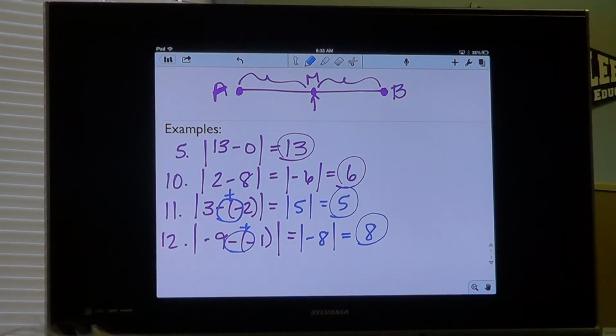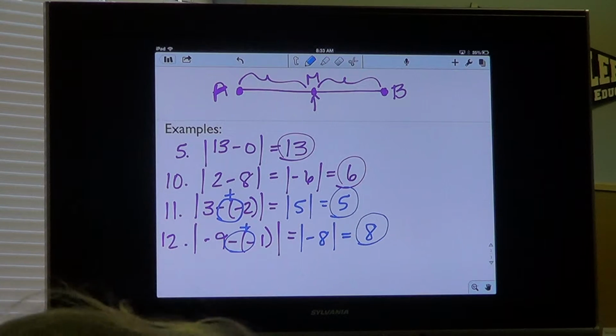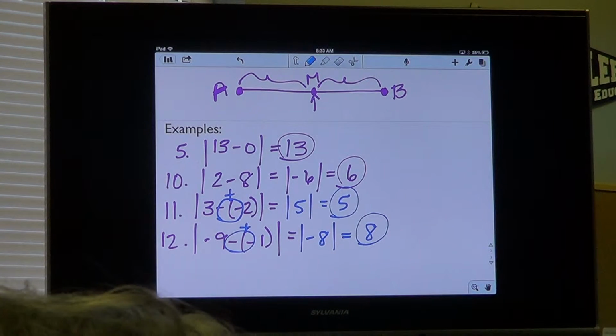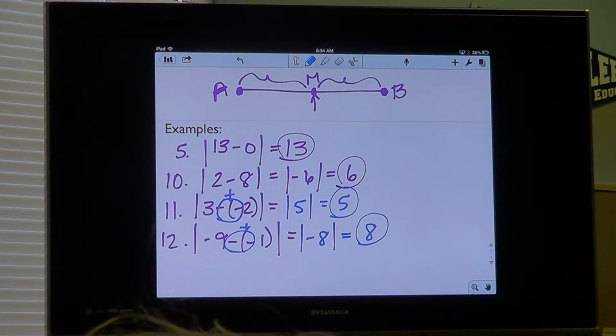Number 13 says the graph of the number 4. So what point would that be describing, Mac? Okay, good. The coordinate of point D. Aaron? Negative 3, good.